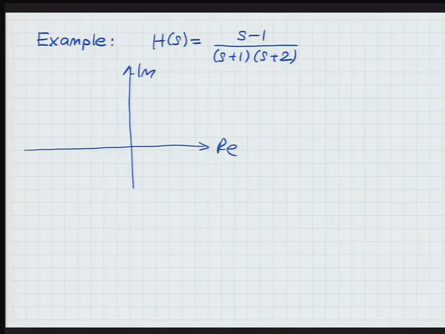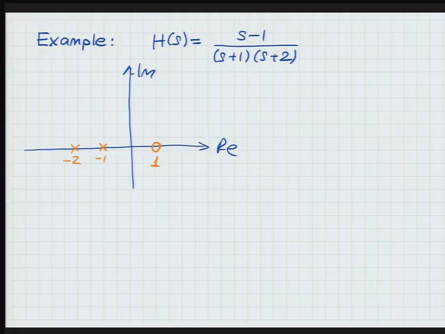Where are the poles? -1, -2, and then there's a 0 at 1. Okay. So I know the root locus will start at the poles.